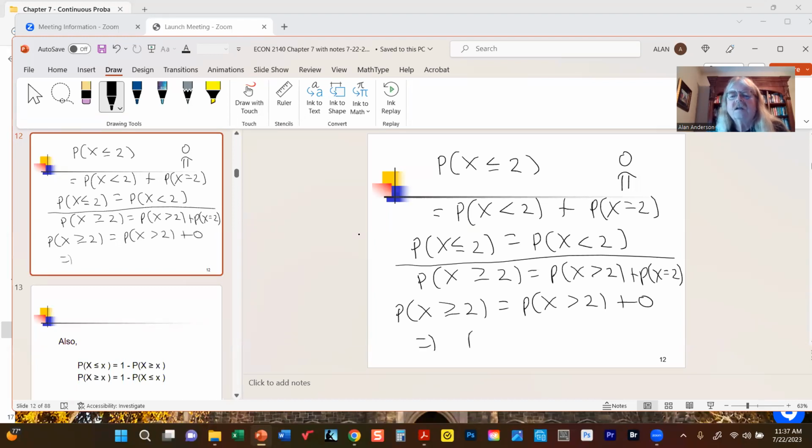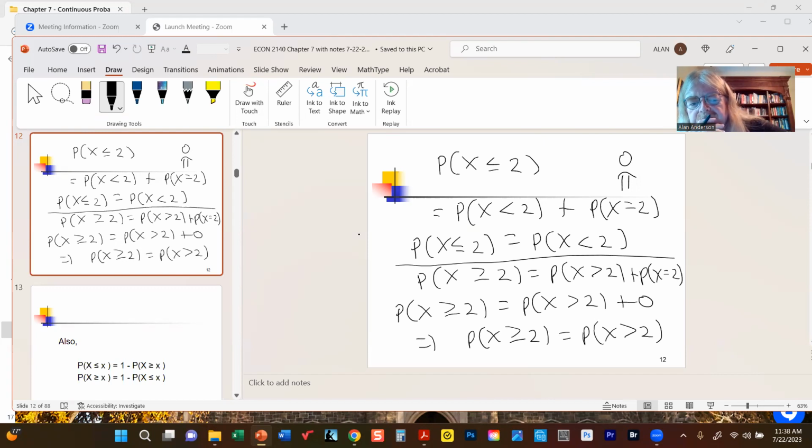So therefore, these are equal to each other. That's one of the consequences of us using a continuous distribution. All right, so just be aware of that. In chapter 6, it makes all the difference in the world if we're looking at less than or equal to or strictly less than, but here it does not.